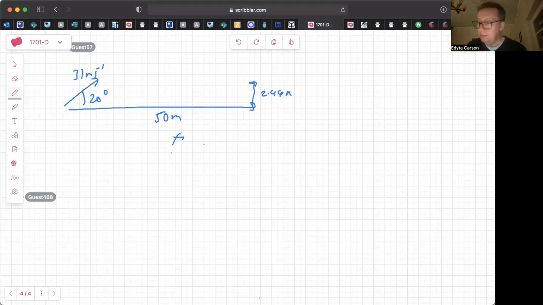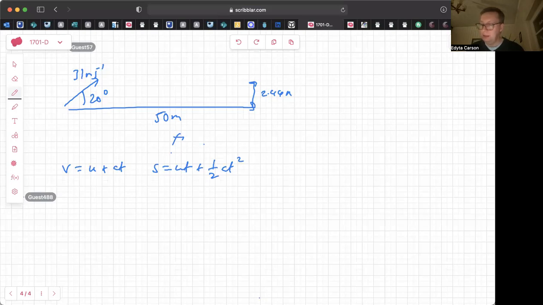So let's have a look at that. So v equals u plus at, and s equals ut plus a half at squared. These are the two equations that I want to be using to find the information. So first thing is, what's the horizontal speed?